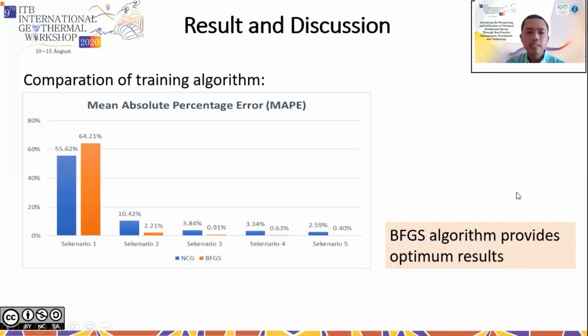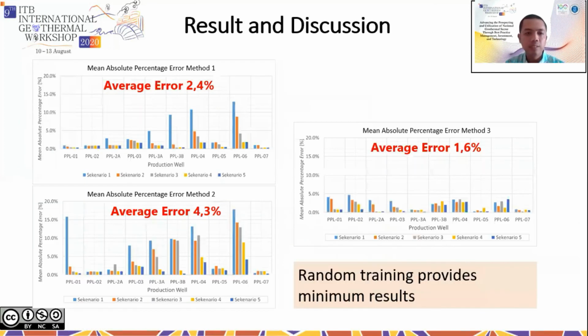And then next, about the variations of training method. We have three kinds of training methods. The results show that the random training provides the minimum error, with an average error of about 1.6%, as a mean absolute percentage error.